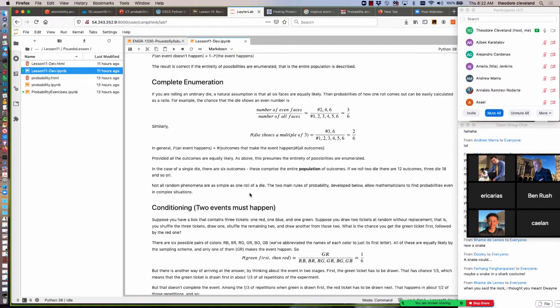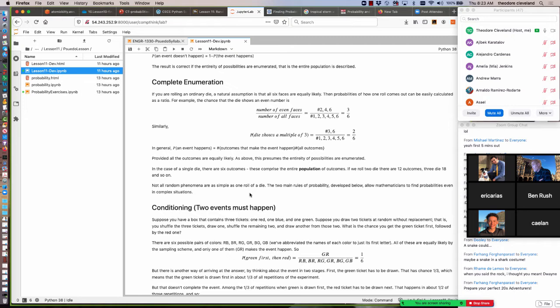If we were to modify our question and ask how many times will a die produce a multiple of 3, we again look at the universe of possible outcomes. So it can produce a 1, 2, 3, 4, 5, or 6, and we ask, is 1 a multiple of 3? Not really.